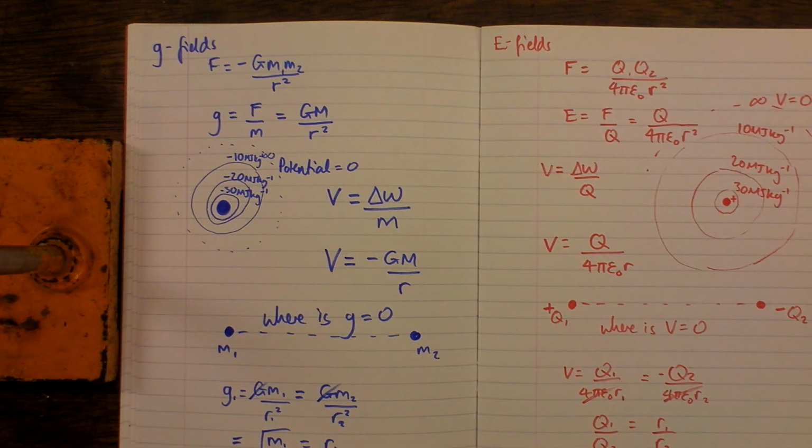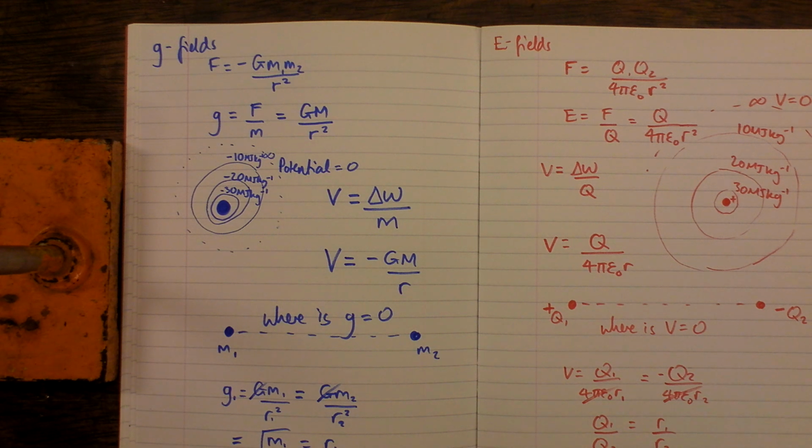That very conveniently says that the ratio of distances from those charges is the same as the ratio of their charges in order for the potential to be equal to zero. And that is a really, really convenient equation to be able to use.